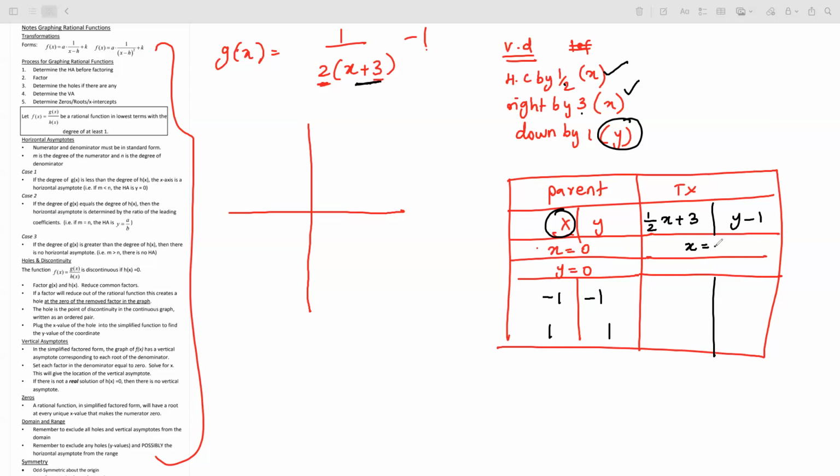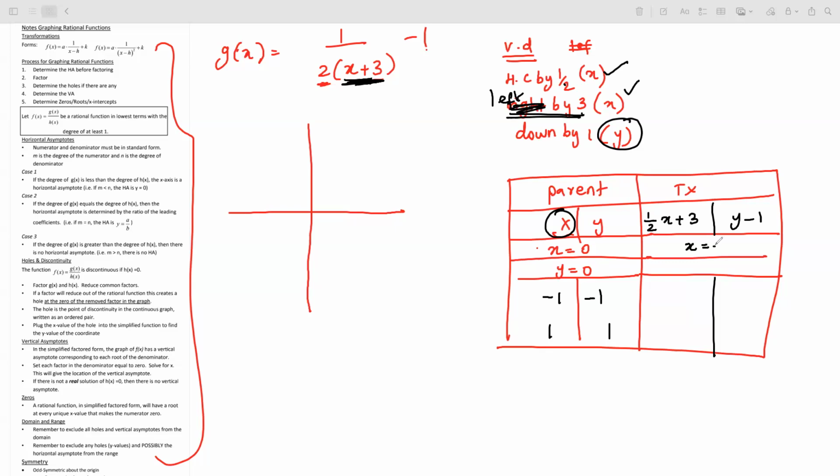X will be equal to 3. 3 or -3? Oh, yeah, it moves right. Did it move right? Oh no, it moved to the left or right, guys? Left. Left by 3, right?